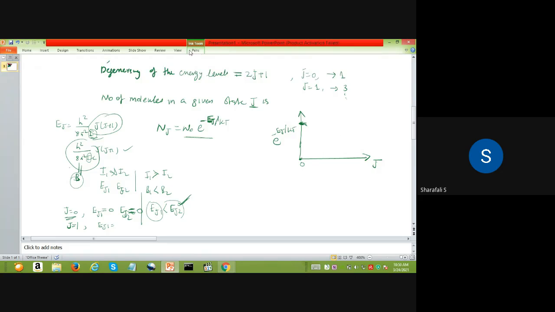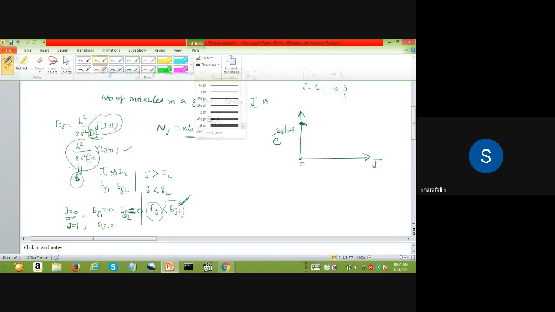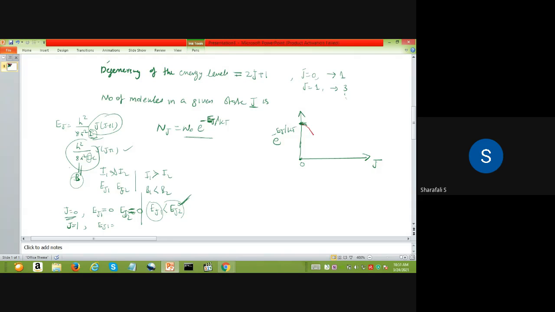So initially it's going like this in the first case, and in the second case it will be going a little differently.